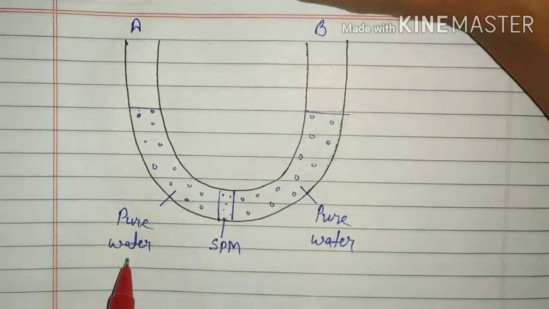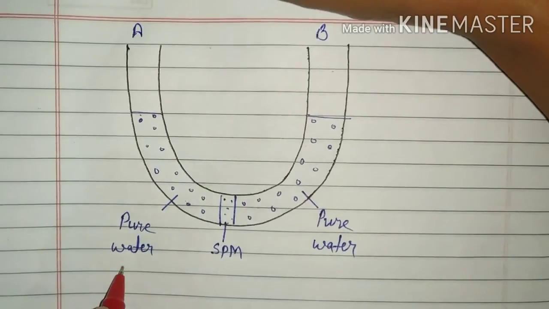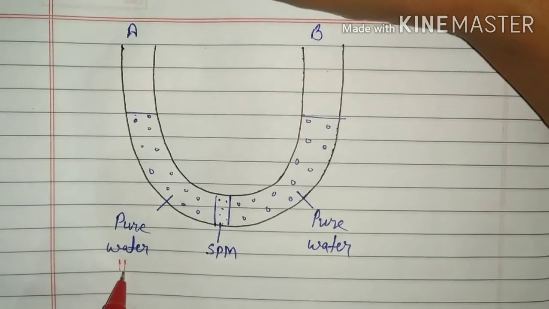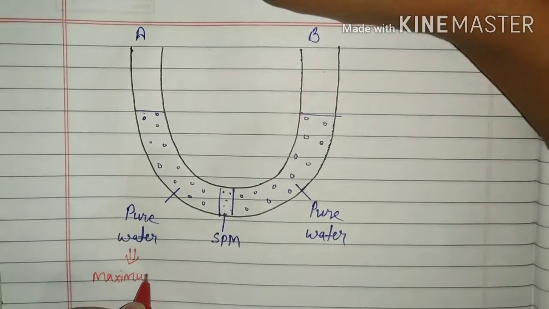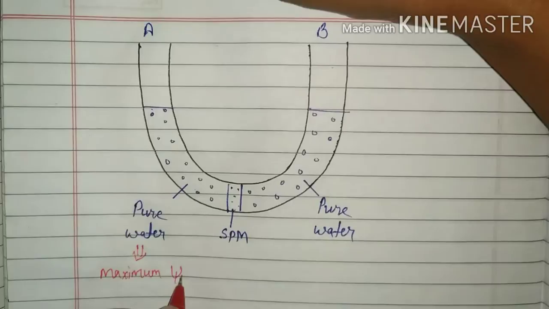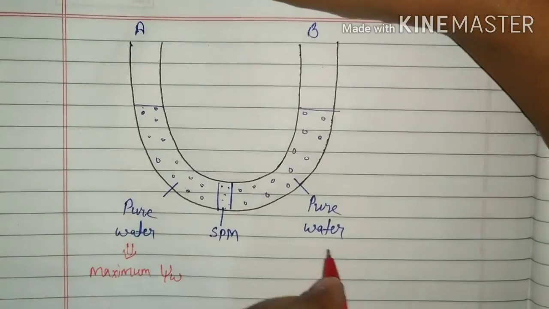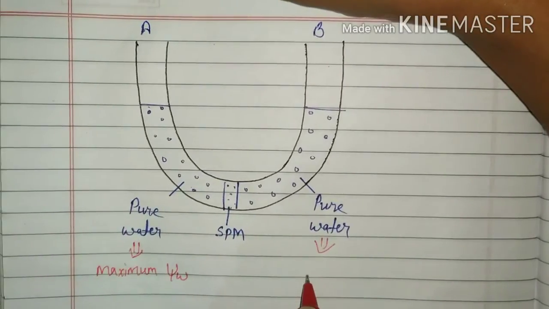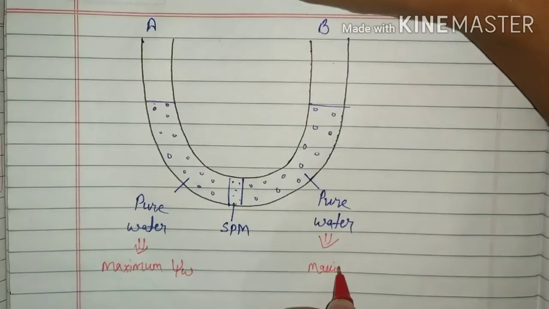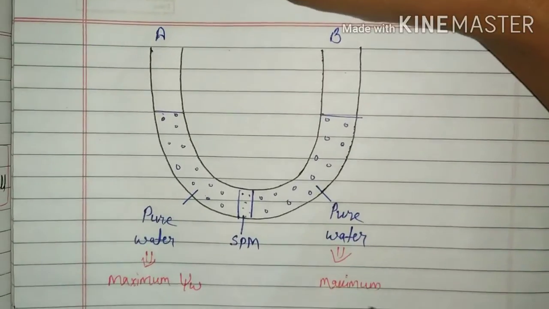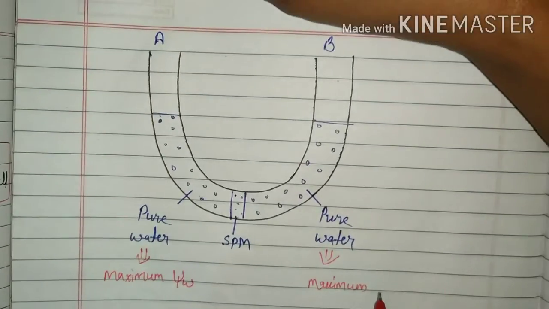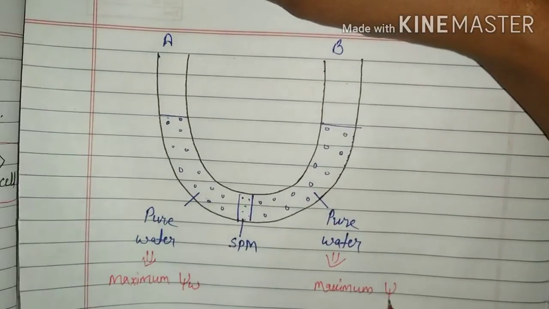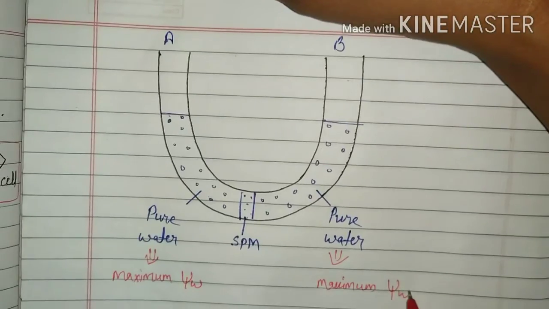As we know that pure water has maximum water potential, it means psi W of pure water is high.